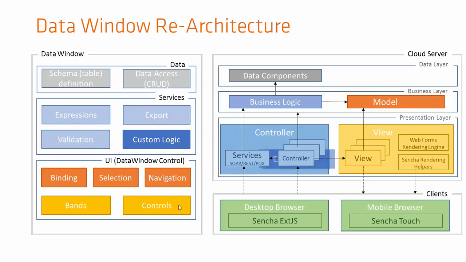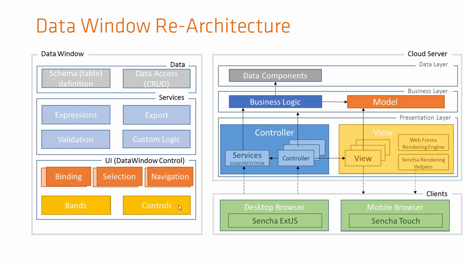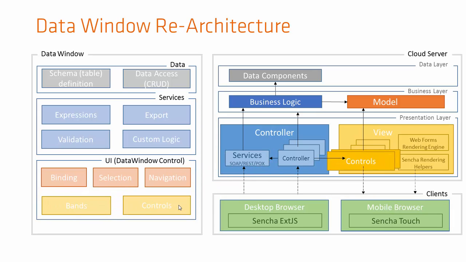The standard services go to the controller, and custom logic is added to the business logic layer. And then UI operations go to the rendering part of the view to be rendered on the client pages, and bands and controls also become part of the view, and then the view is rendered either on a desktop browser or on a mobile browser, which gives us the mobile experience on the same code base in the migrated application.